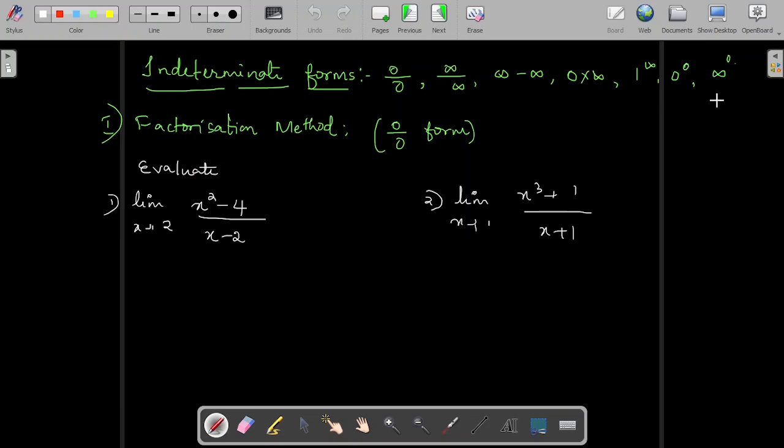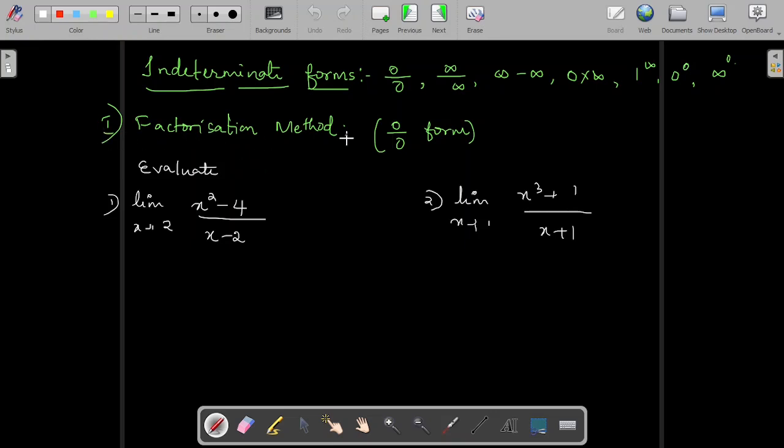These are called indeterminate forms. When you directly substitute the value of x into the function, if that gives you any one of these forms, then we call that an indeterminate form. So if you get an indeterminate form after directly substituting the value of x into the function, then we have to go with some other method to evaluate the limit of the function.